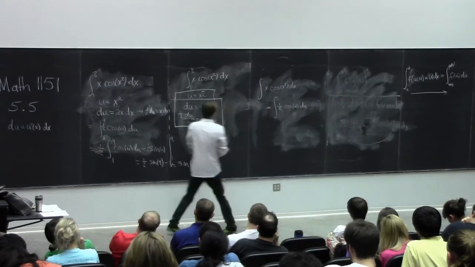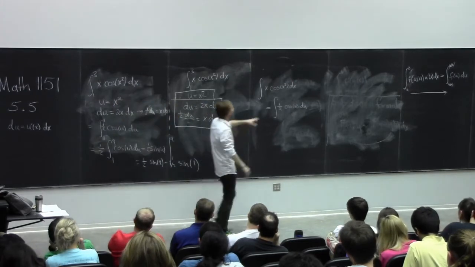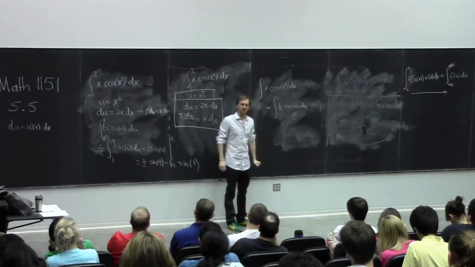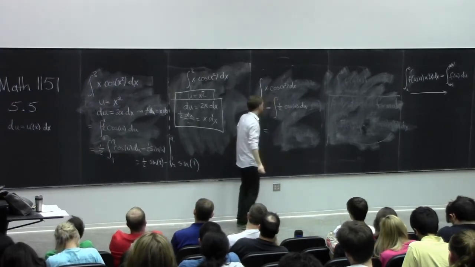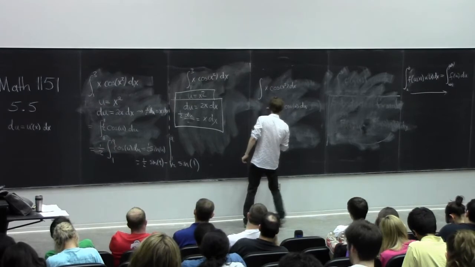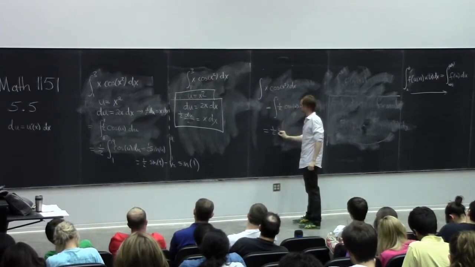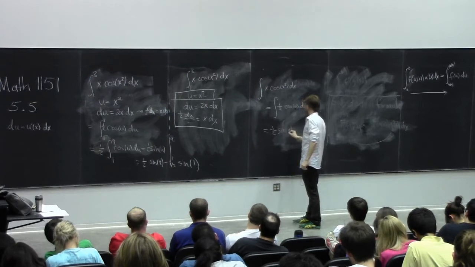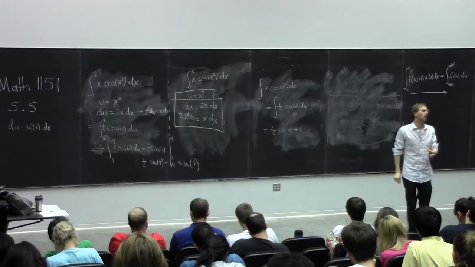Okay? So, I lost my limits. I forgot my limits. No problem. Can I anti-differentiate this? Yes, so I anti-differentiate it. What's this equal to? It's equal to 1/2 the antiderivative of cosine, which is sine of u plus c, whatever, right?